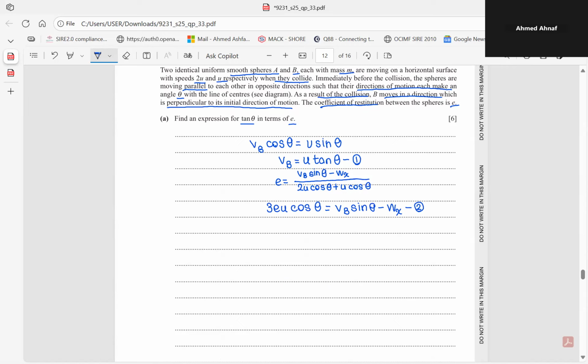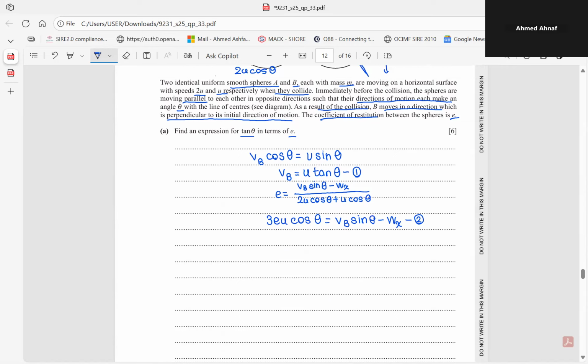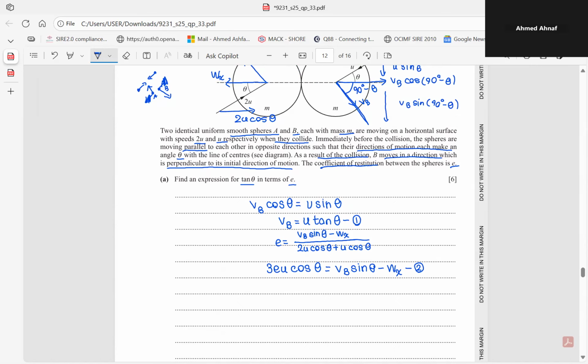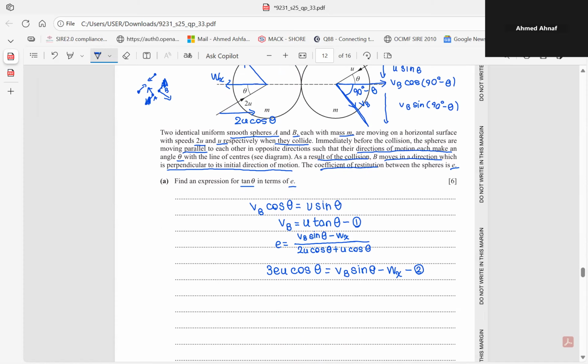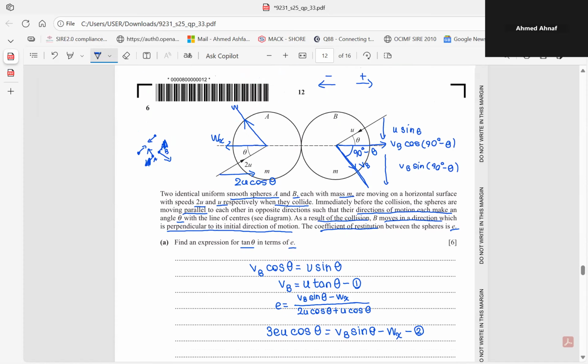So this is the second equation. Now lastly, we're going to make use of the conservation of momentum. For that, again, you just need to take the horizontal component of your velocities, only the horizontal component.